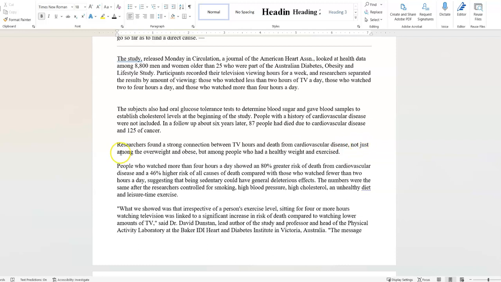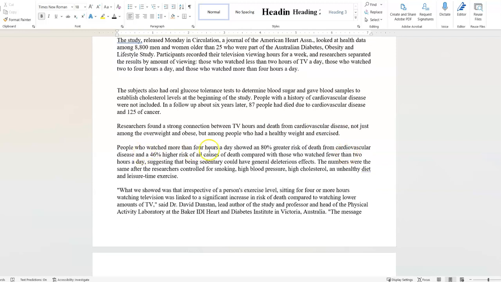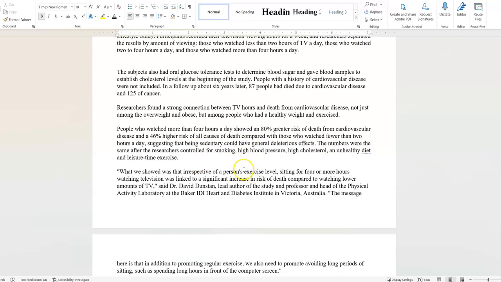Not just among the overweight and obese, but among people who had healthy weight and exercised. People who watched more than 4 hours a day showed an 80% greater risk of dying from cardiovascular disease and 46% higher risk of all causes of death, compared to those who watched fewer than 2 hours a day, suggesting that being sedentary could have a general deleterious effect.